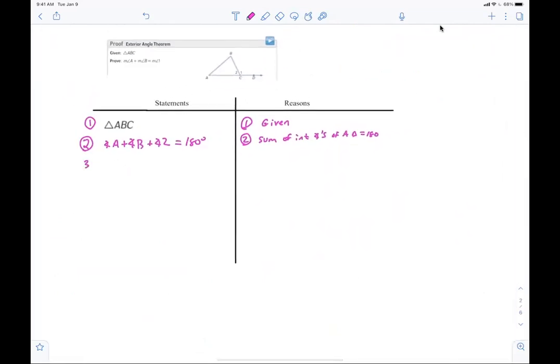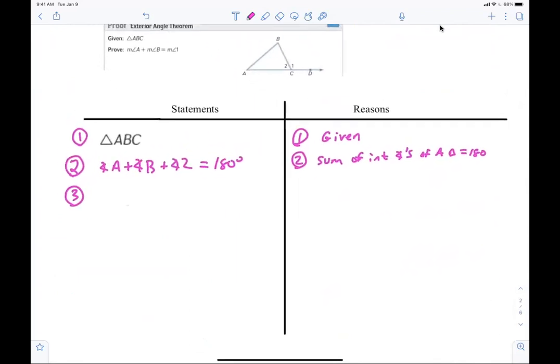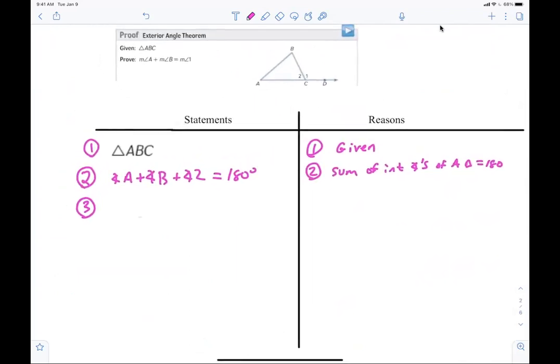So now number 3, let's do this. What are we going to say now? Say it. Angle 1 is supplementary to angle 2. Yes, angle 1 and angle 2 are supplementary. We're kind of abbreviating this from the way they really want us to do it, but that's okay.